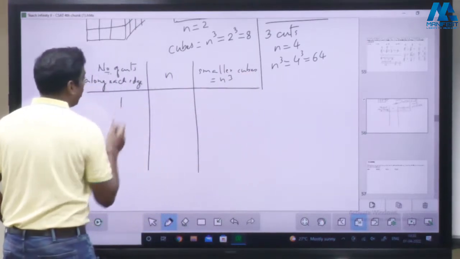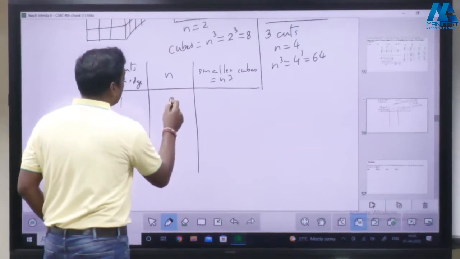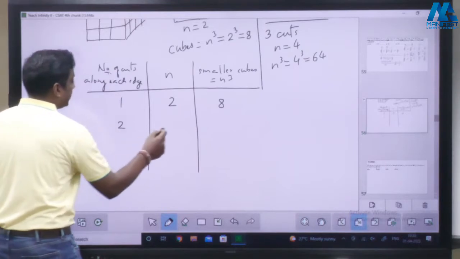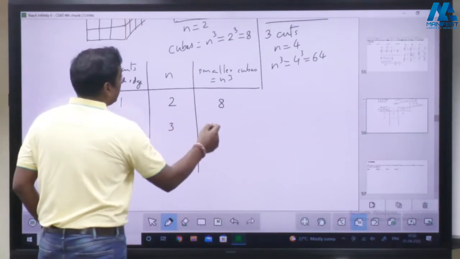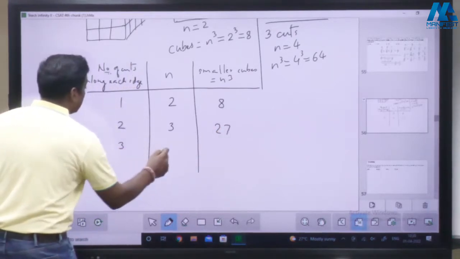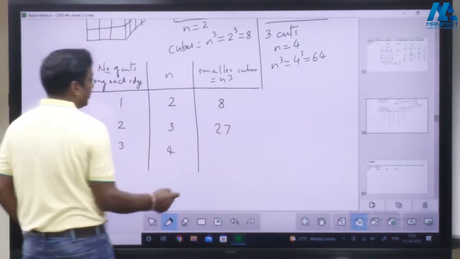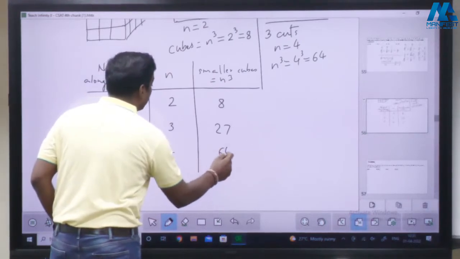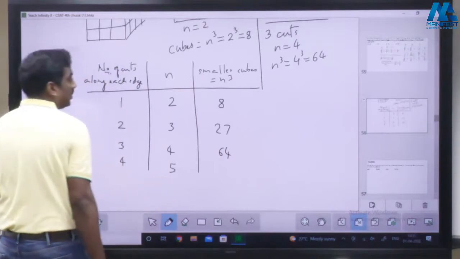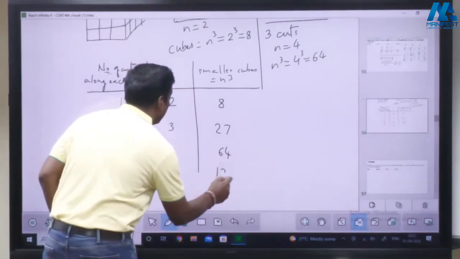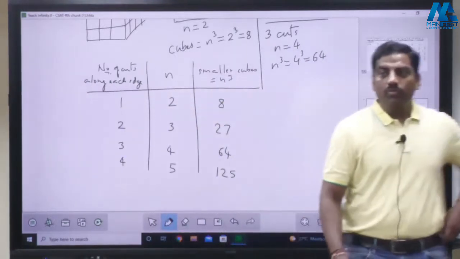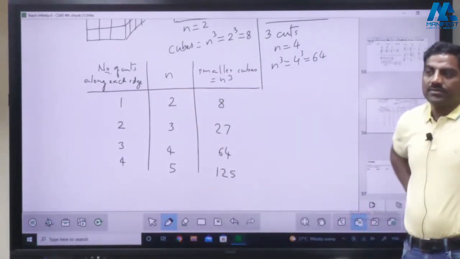So when you give one cut along each edge, n is equal to 2 and your number of cubes are 8. When you give 2 cuts, n is equal to 3 and the smaller cubes will be equal to 27. When you give 3 cuts along each edge, then n is equal to 4 and the smaller cubes are 64. When you give 4 cuts, n is equal to 5 and the number of small cubes are 125, 5 cube. Yes?